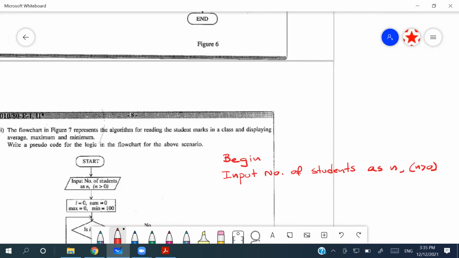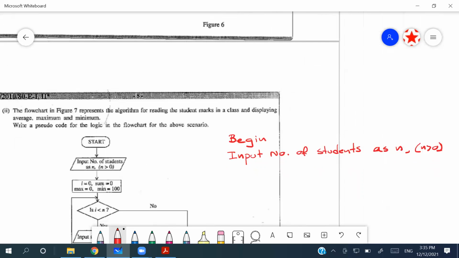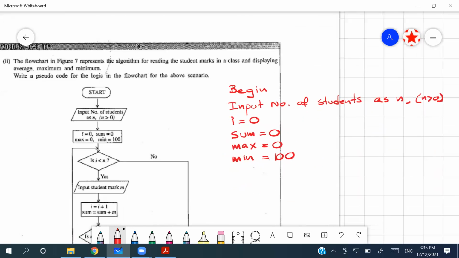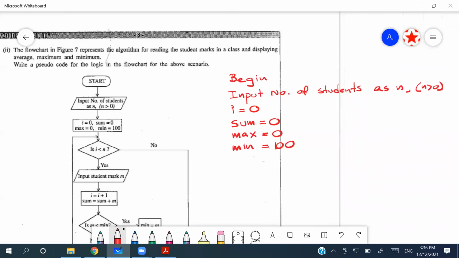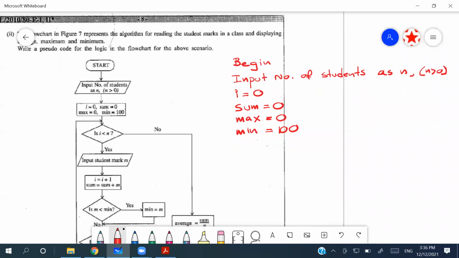So no one can reduce marks for that. Here, it's better you initialize things one after the other. Then the question is asked, is i less than n?